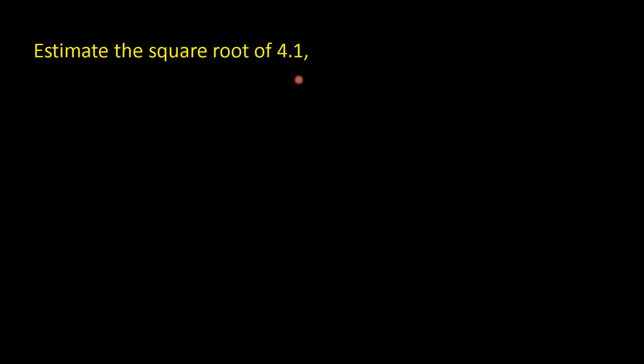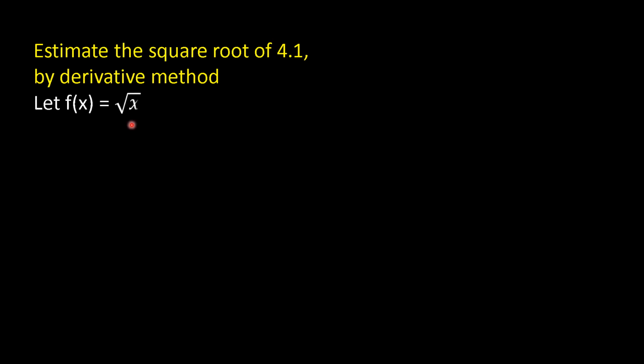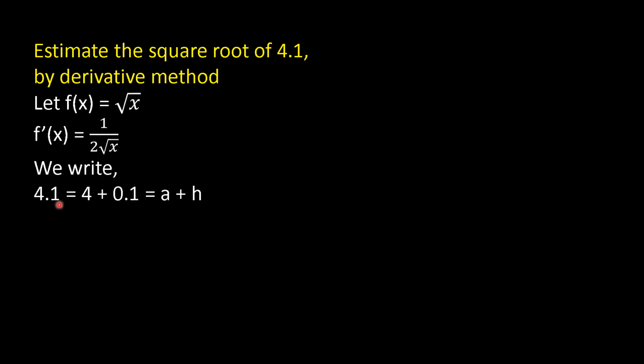Estimate the square root of 4.1 by the derivative method. Let f(x) equal under root x, so that the derivative of f(x) will be f dash x equals 1 divided by 2 root x. We write 4.1 as 4 plus 0.1 equals a plus h, so that a is 4 and h is 0.1.